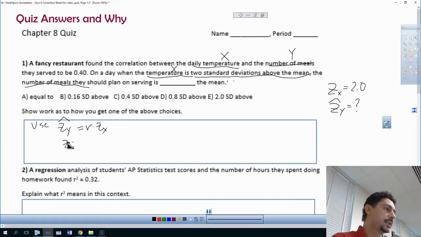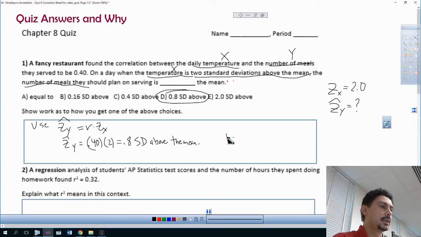So the predicted number of standard deviations is the correlation value, 0.40, times Z sub X, which is 2, equals 0.8 standard deviations above the mean. That means it's choice D. So that one's done. Next.